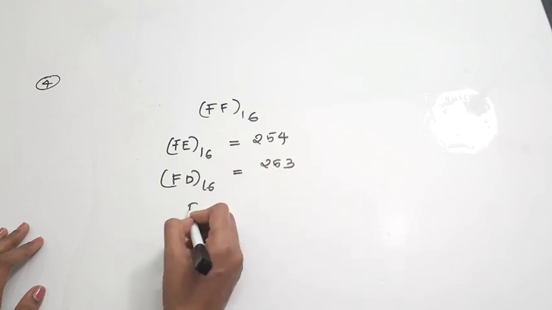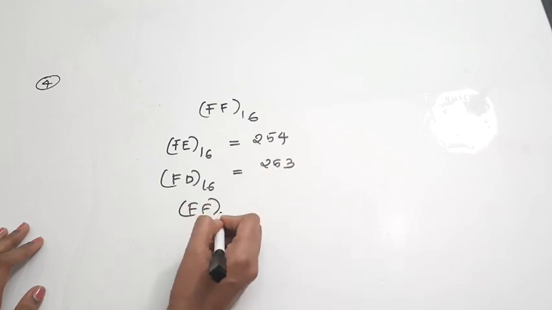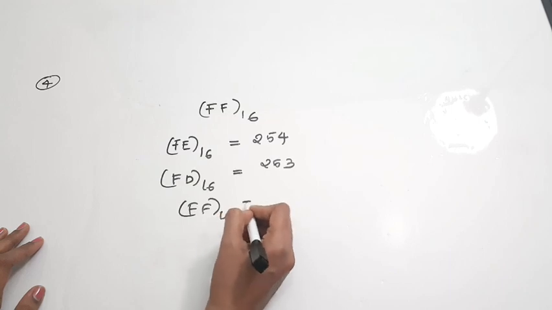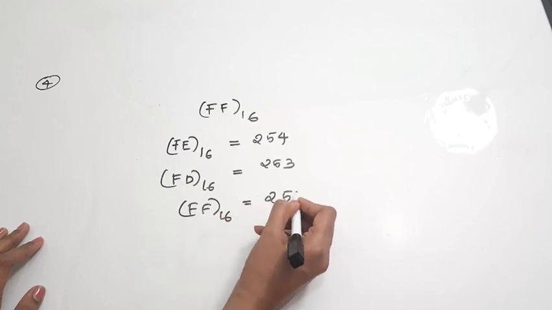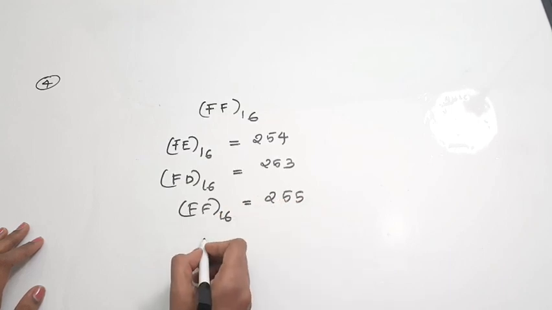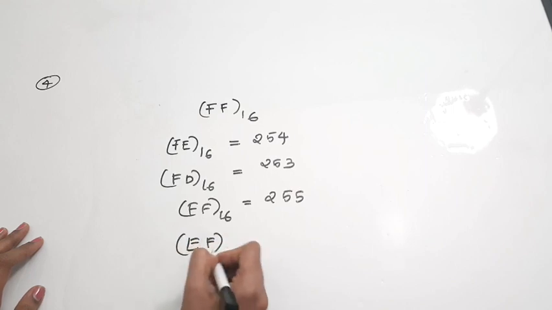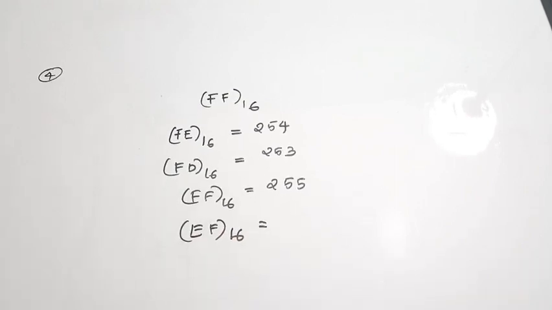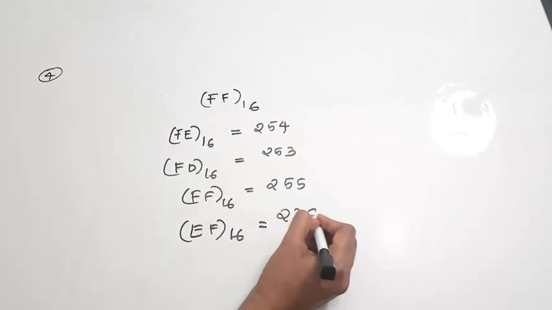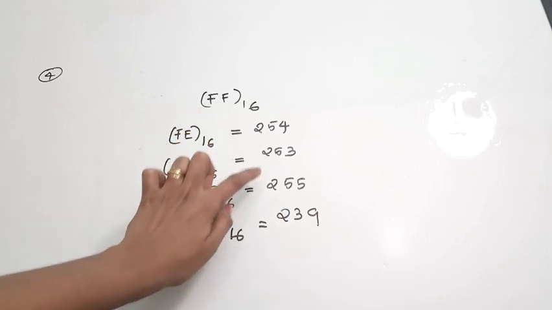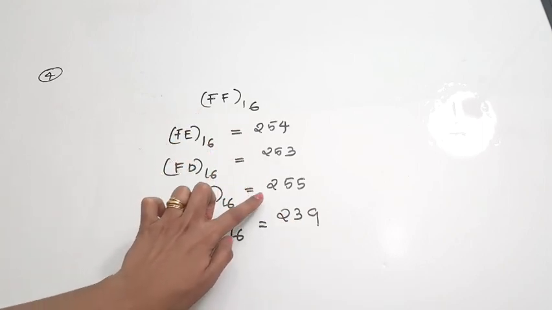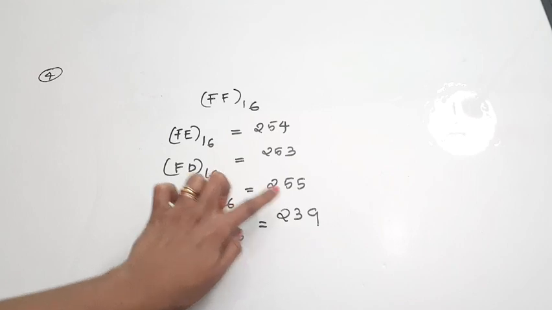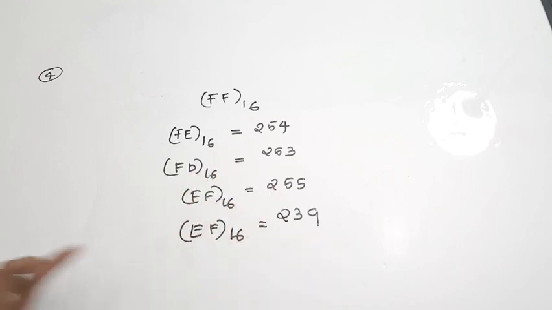Next, FF to the base 16 is actually 255. Then the last one, EF to the base 16, is 239 only. So the numbers are 254, 253, then 255 and 239. So which one is the biggest one?